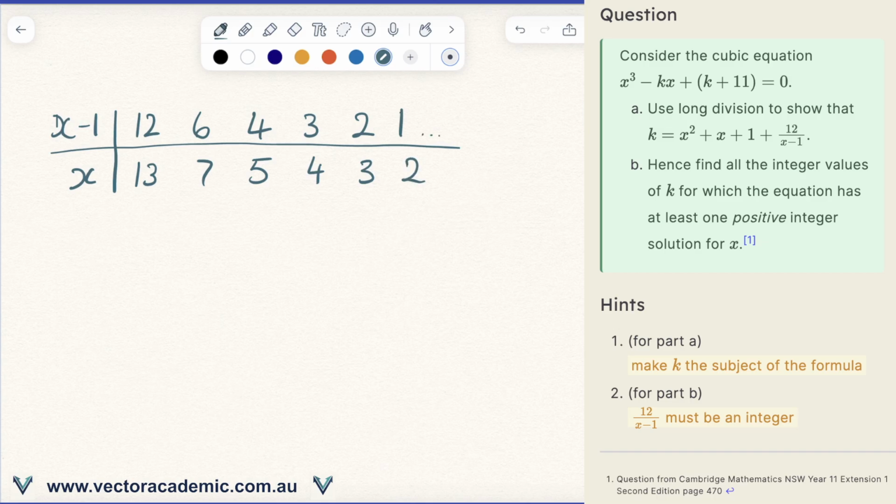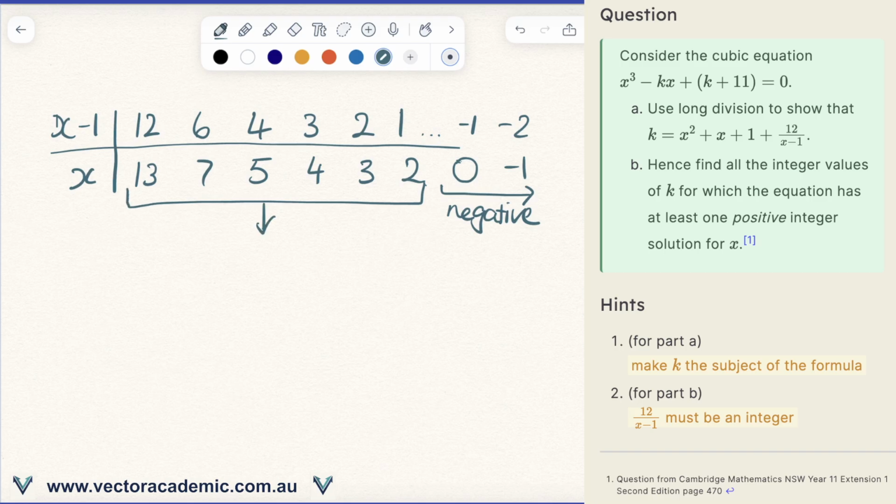So up here, if we'd have gone minus 1, this would have been 0, and minus 2 would have given us minus 1, but we don't want those. We just want our positive integer values for x.